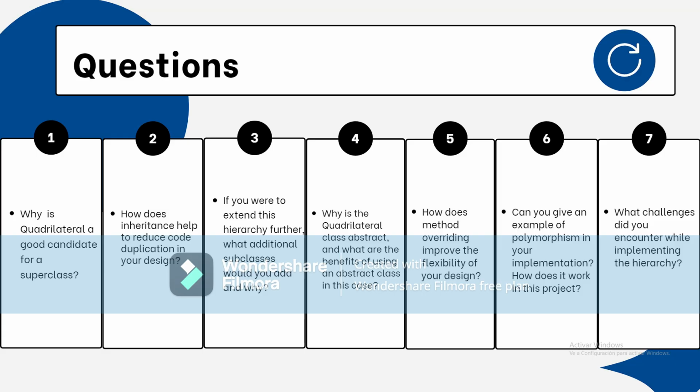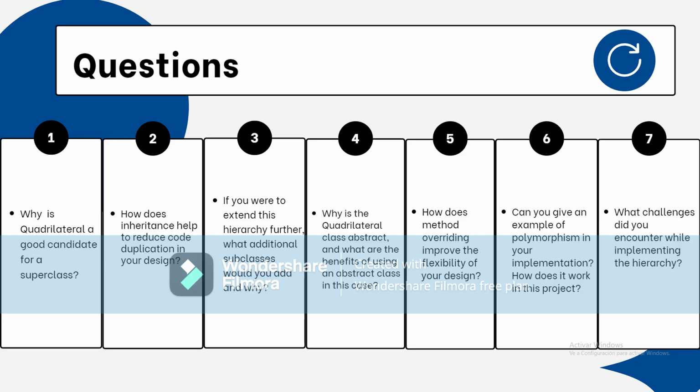Because quadrilateral defines common attributes, the 4 sides, and methods like calculate perimeter and calculate area that are going to make it easier for the subclasses, giving the subclasses an easier way to share this functionality.